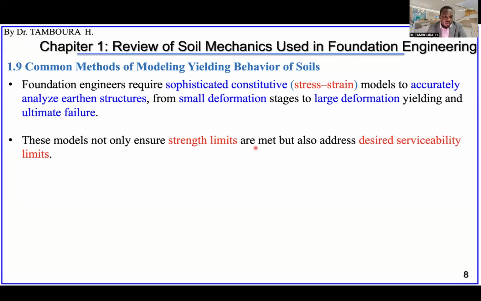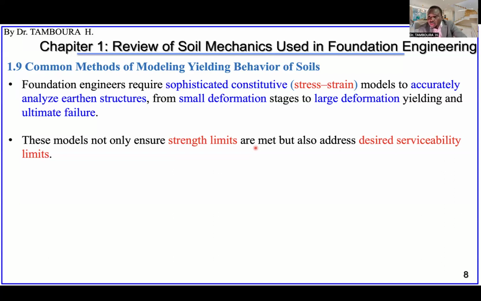For example, in a project you may have a limit of 10% of pile diameter or 10% of the foundation as a limit of the settlement, as the requirement of the serviceability limit.